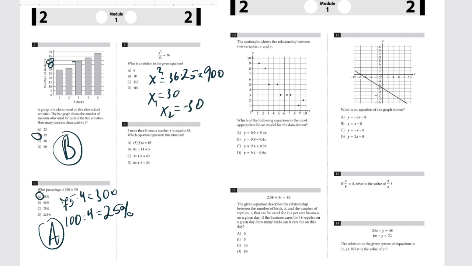We only have positive numbers, so the answer is 30, B. Next: 3 more than 8 times a number x is equal to 83. Which equation represents this situation? It says 3 more, so plus 3, and 8 times a number x, 8x. So we have 8x plus 3 is equal to 83, and we have this in variant D.